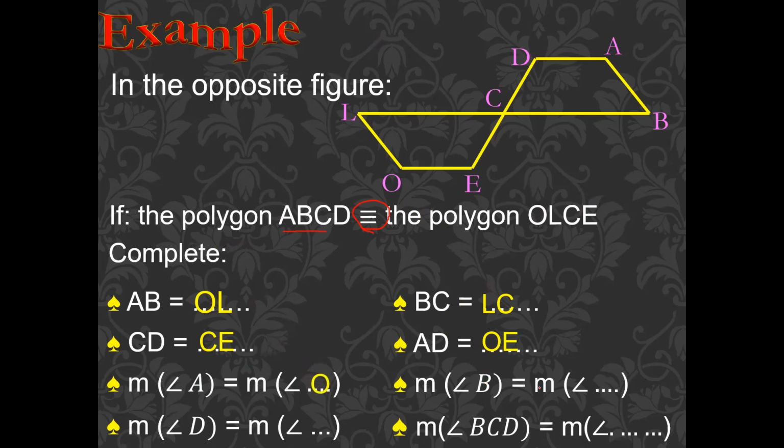Measure of angle B equals measure of angle what? Take the second letter of the second polygon, angle L. Angle D, the fourth letter, take the fourth letter of the second polygon, will equal angle E. Super excellent.